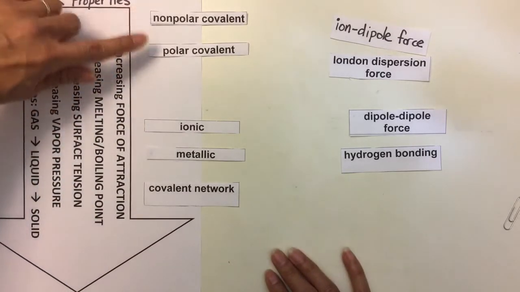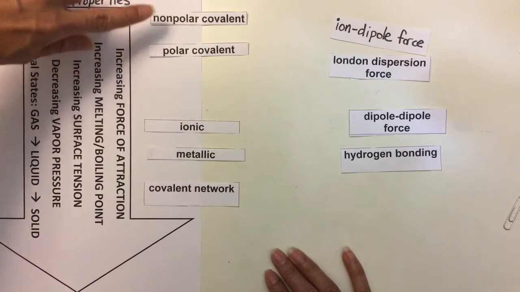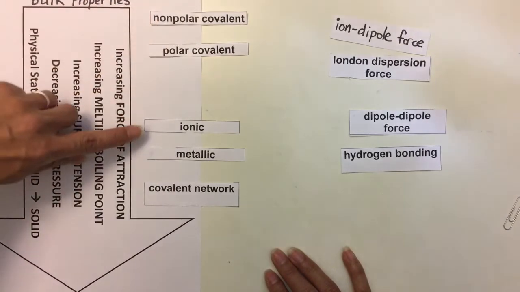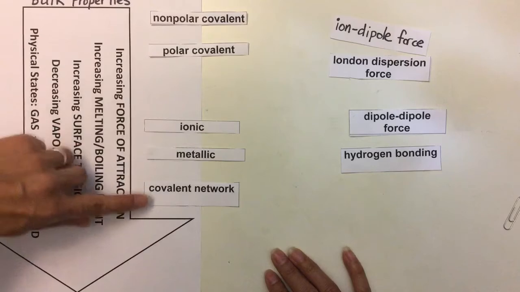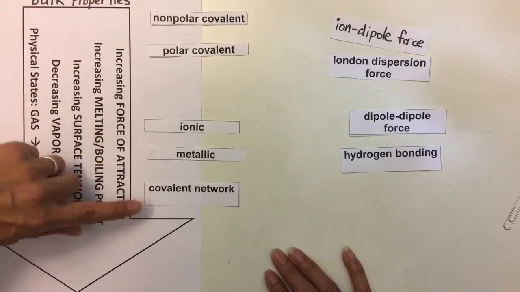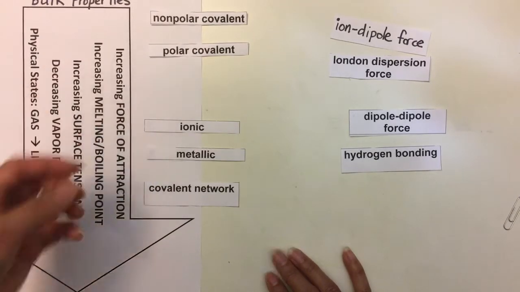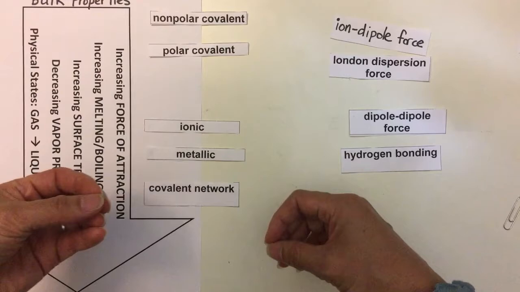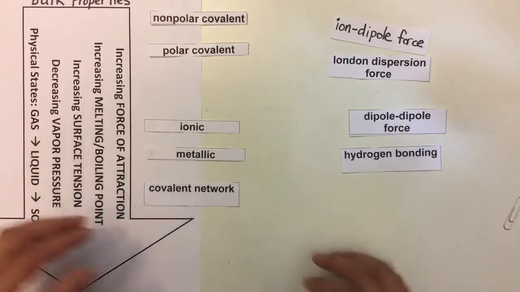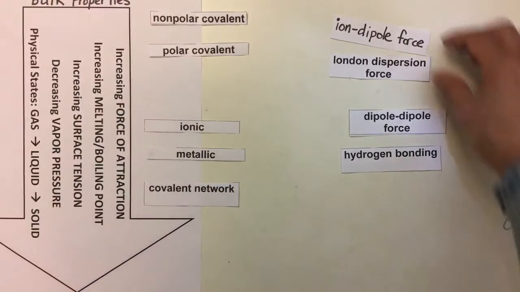Covalent compounds, the bulk properties are dependent on those intermolecular forces, which are weaker forces than the bulk properties of ionic, metallic, and covalent network. These substances are guided by intramolecular forces. So it's forces that are electrostatic forces that are within the structure versus between the particles.